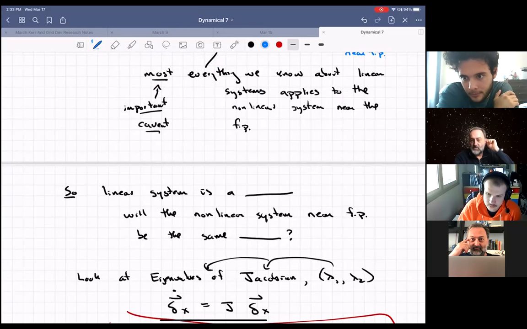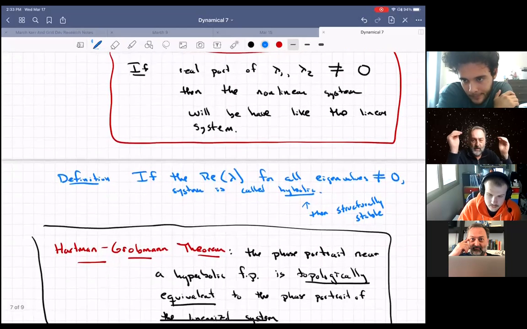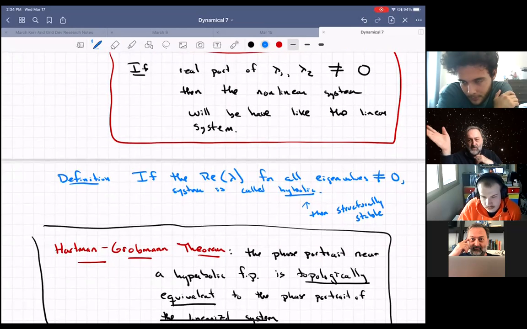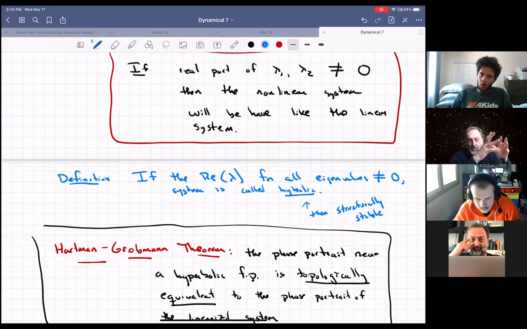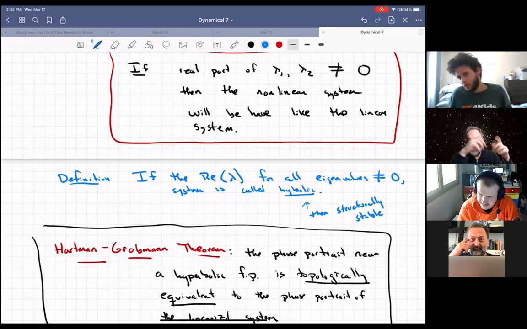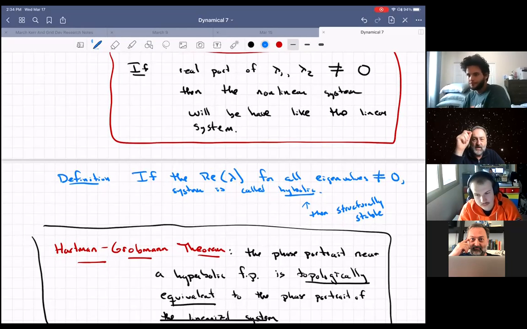the eigenvalues. So hyperbolic means that you have either incoming or outgoing part of the flow, right? So when I look at the eigenvalues, you know, number plus number times i, real part plus i times the imaginary part, right? If that real part isn't 0, then it's either flowing in or out. That imaginary part tells me whether or not it's flowing around. So as long as the real part is not 0, the system's going to be structurally stable.